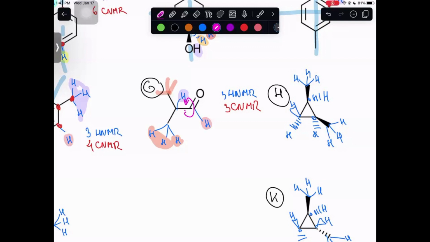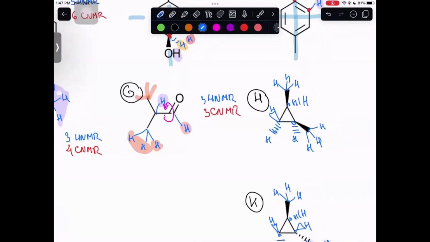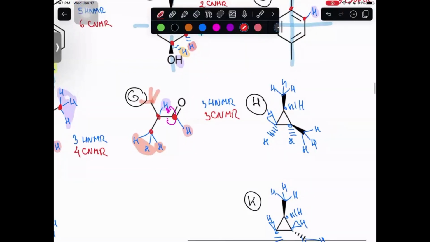Again, keep that in mind. If that was a double bond, then they would be different because they're locked in a certain configuration. So 1, 2, and 3. Again, we're just counting the carbons for CNMR. And in this case, same process. The one on the bottom and on the top of the methyl group, those guys are the same exact thing, again because of that rotation that we have.